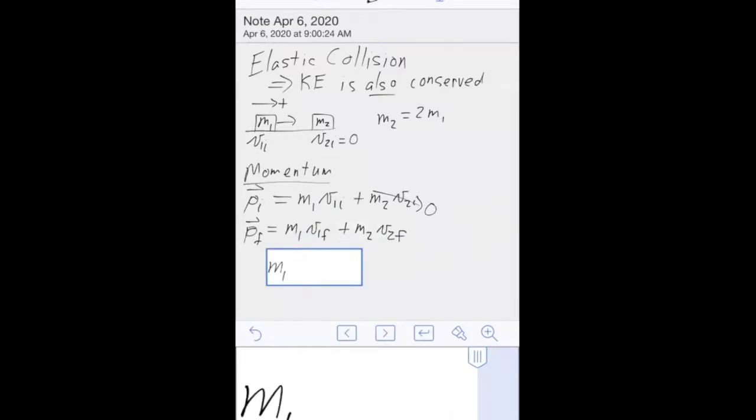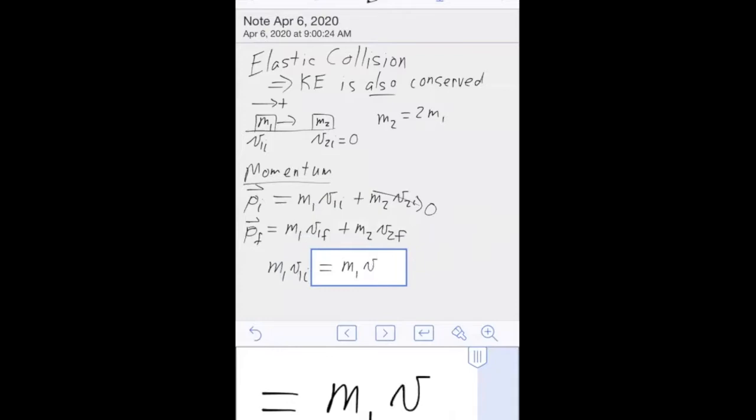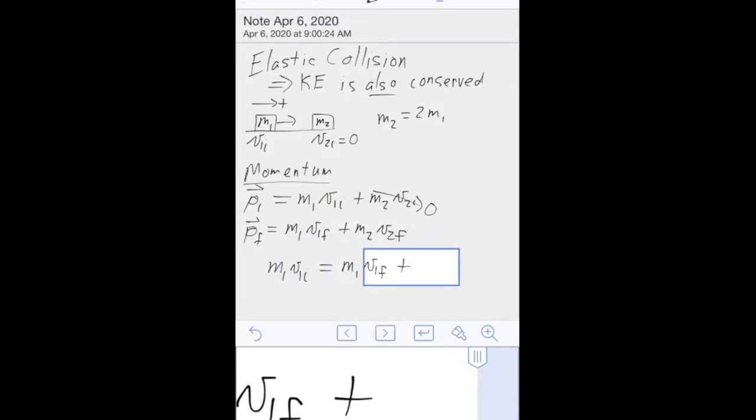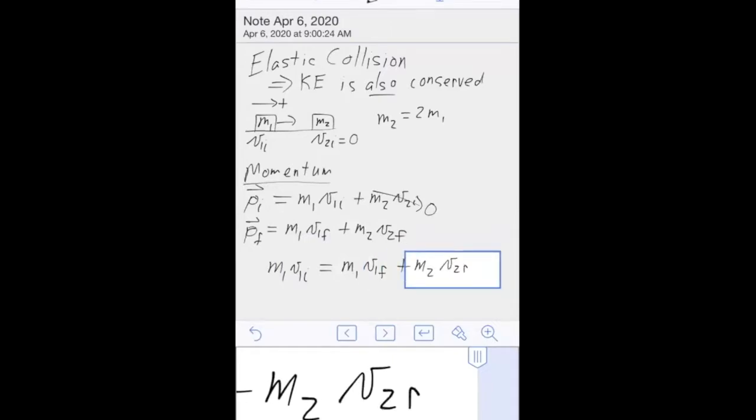So we've got m1 v1 I. Sorry, I try to make my I's look different than my ones. v1 I. And then that is going to be equal to m1 v1 final plus m2 v2 final.